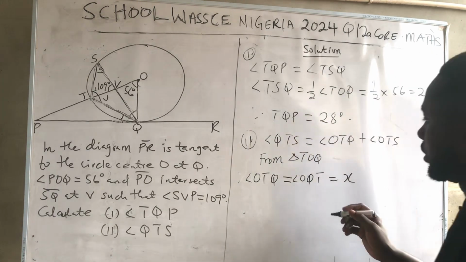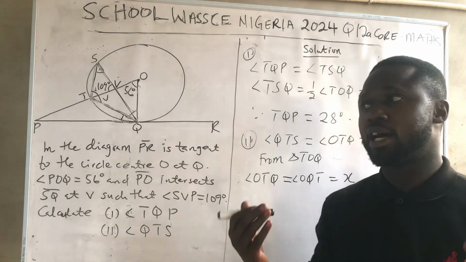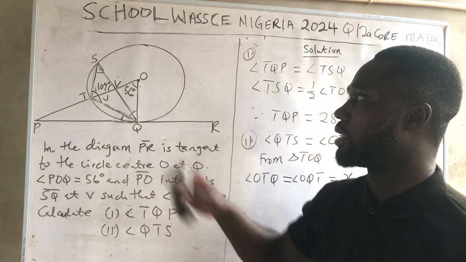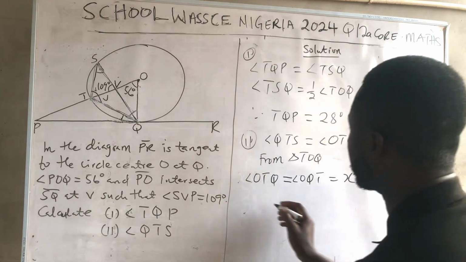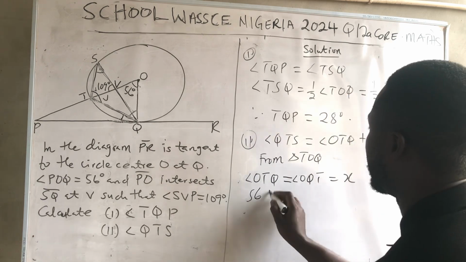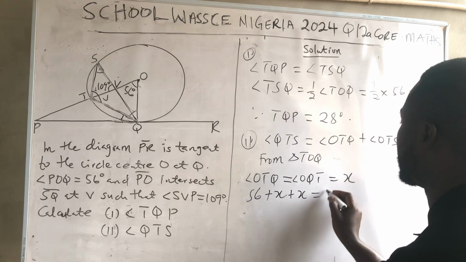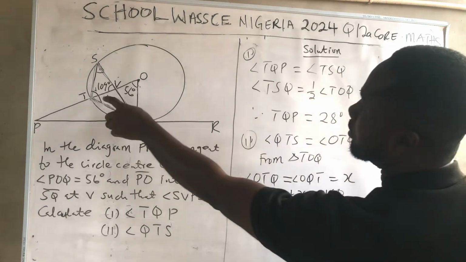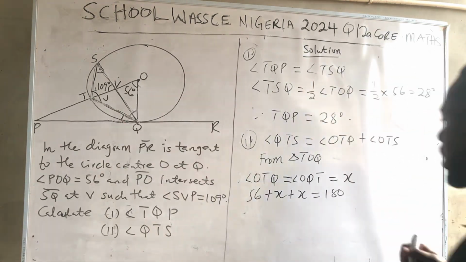And then we know that the sum of the interior angles of a triangle is 180. So 56 plus x plus x is equal to 180, because OTQ is x and OQT is also x.